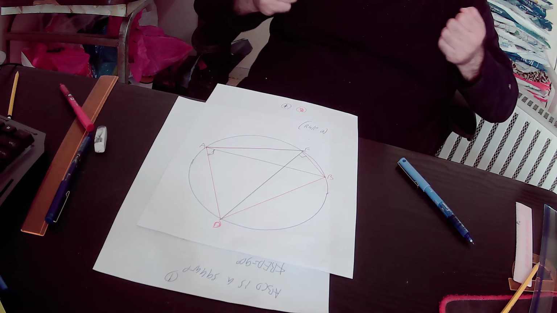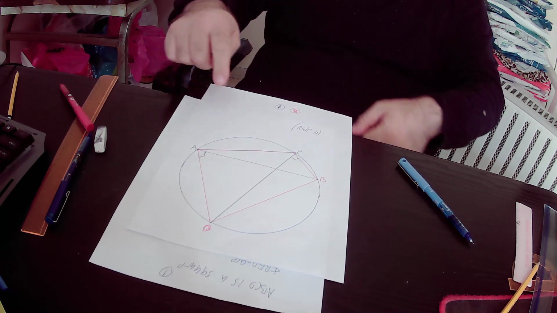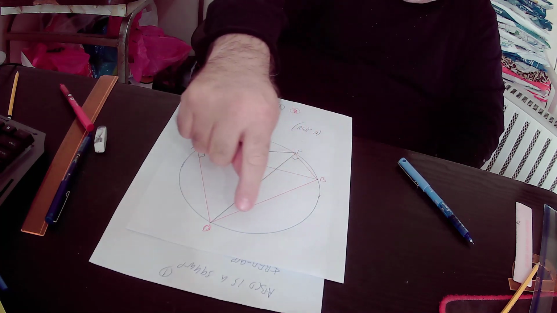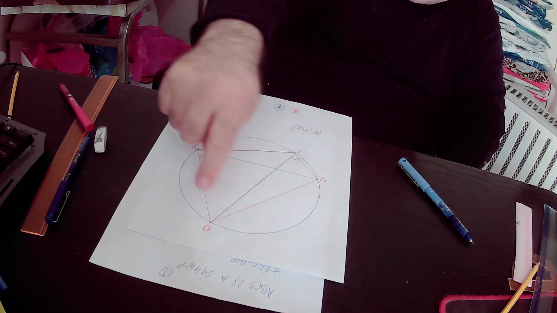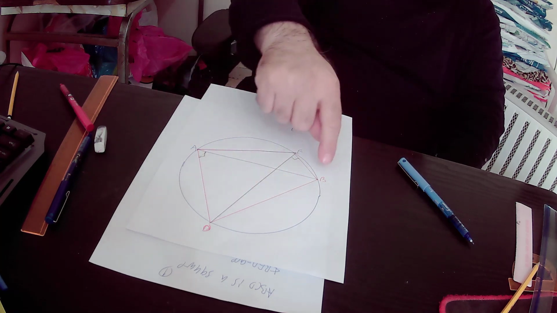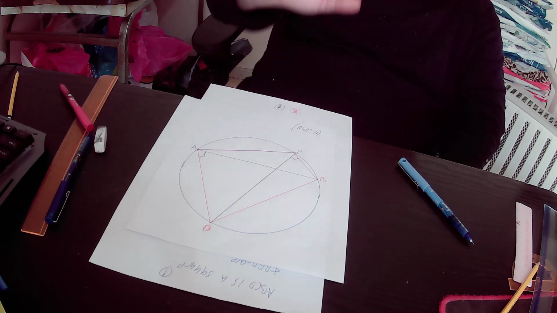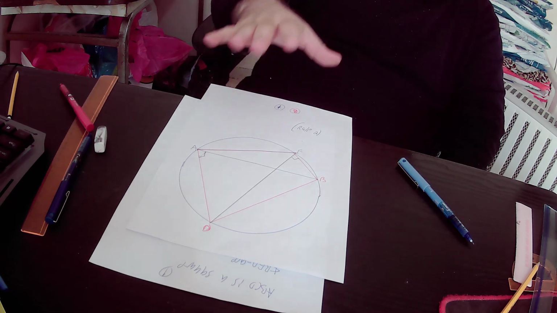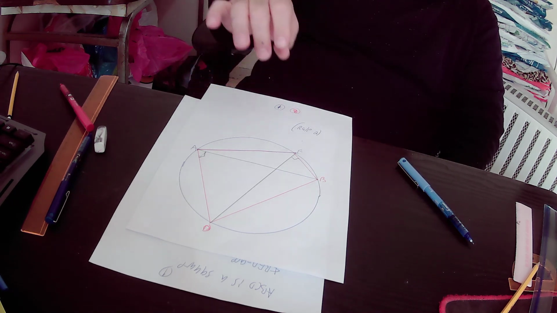Therefore, according to rule number 2, the quadrilateral AEBD is inscribed by this blue circle, and the 4 points A, E, B, and D lie on this blue circle. Okay, this is the implementation of rule number 2 in our drawing.